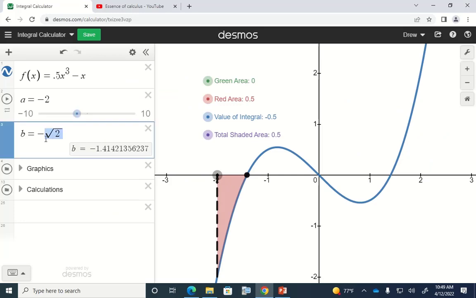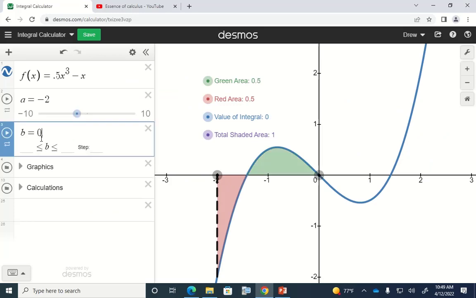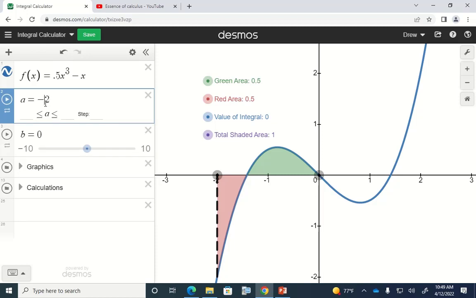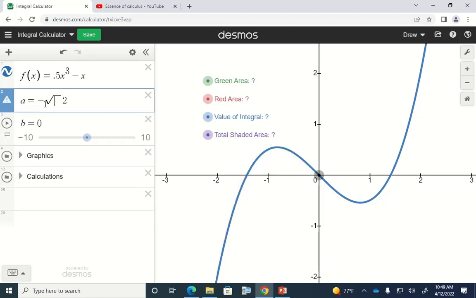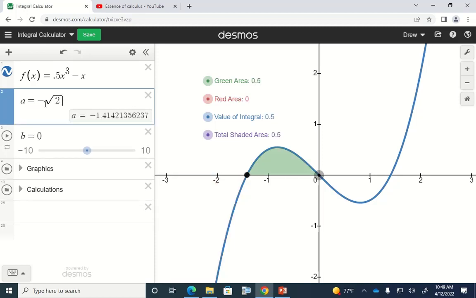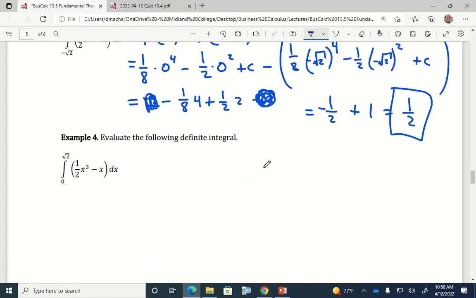We're going to set my upper bound equal to 0 and my lower bound equal to negative square root of 2. And so we're talking about this area between negative root 2 and 0. And it tells me that my area and the value of my integral should be positive half. And that's what we calculated was positive half.